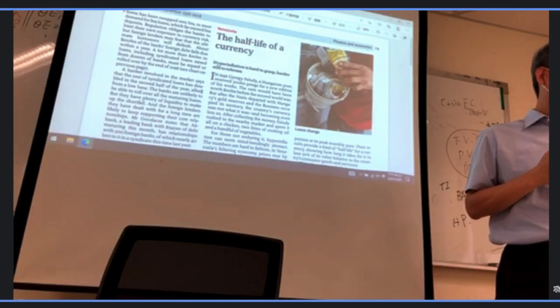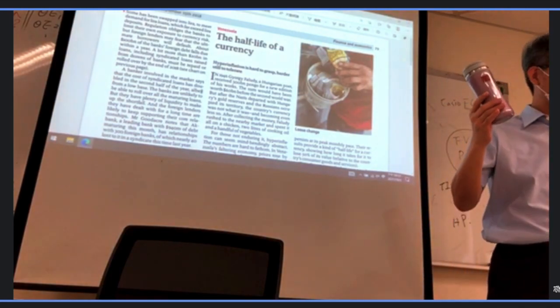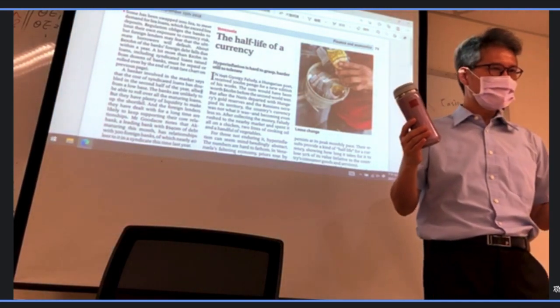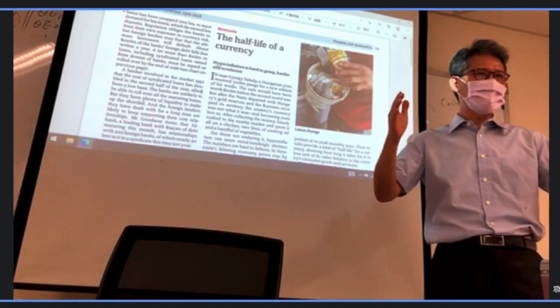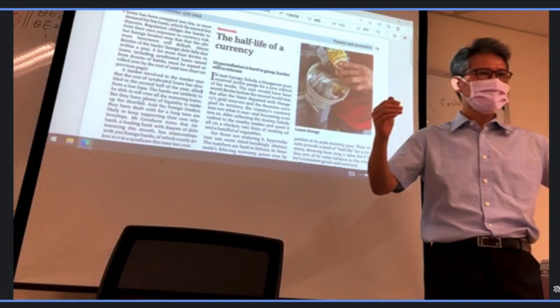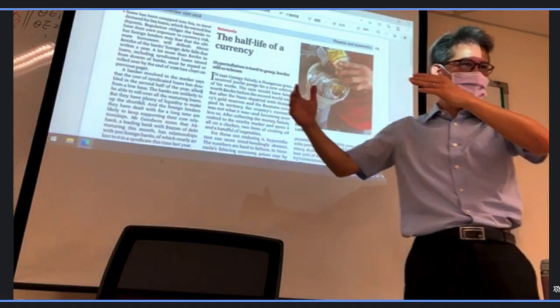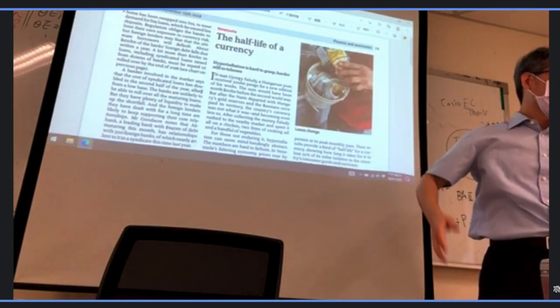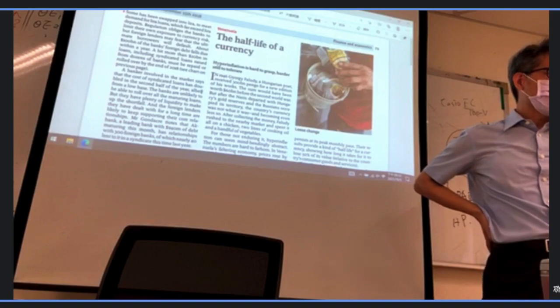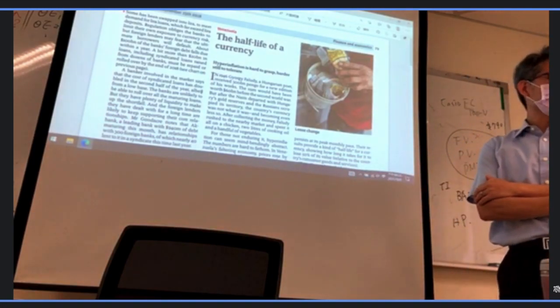The half-life is 12 hours. Okay, so we just measure the half-life, the length of time, for comparison of how bad the inflation was for historical events. So this is what the article is all about.